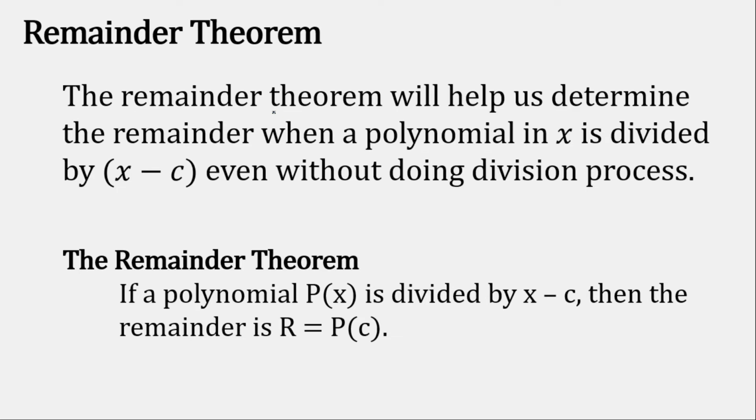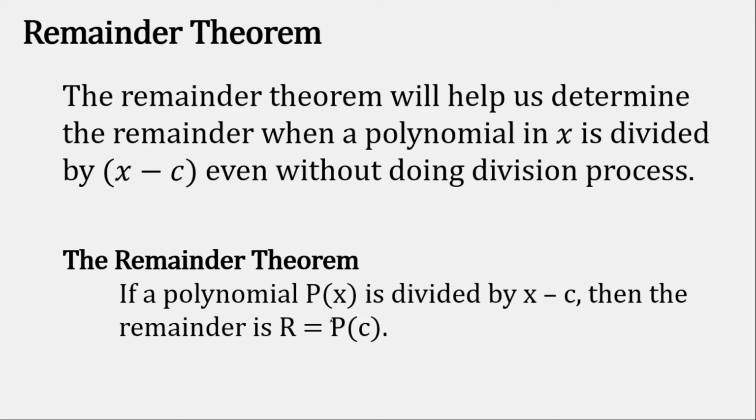The remainder theorem will help us determine the remainder of a polynomial p of x when it is divided by x minus c, without doing the division process. If the polynomial p of x is divided by x minus c, then the remainder is equal to p of c. Meaning, just substitute the value of c for x, then we will get the remainder.